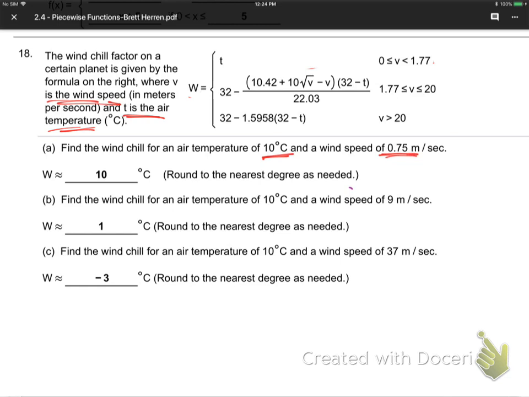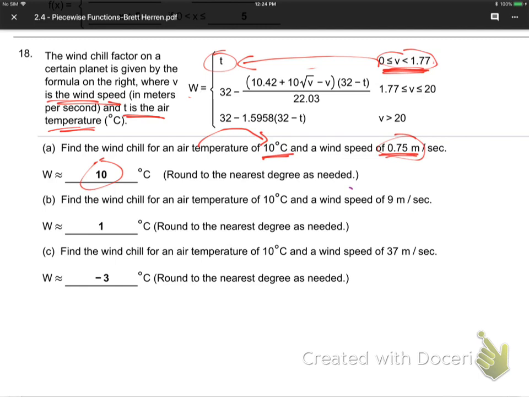The top, the middle, or the bottom? It says if your velocity is between 0 and 1.77, 0.75 is in there, then it's just T. Temperature is 10, so the answer is just 10. In other words, if there's hardly any wind, the air temperature is exactly how it feels.